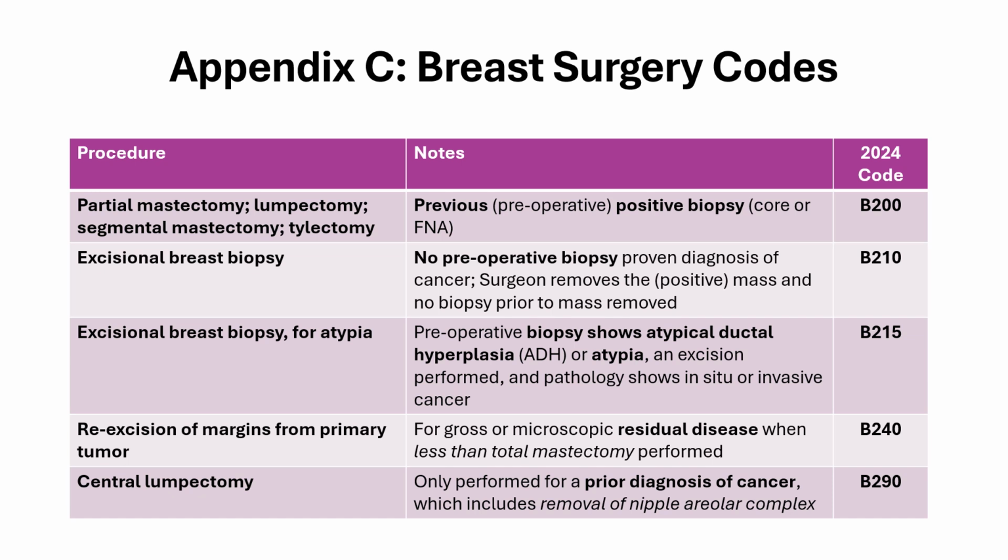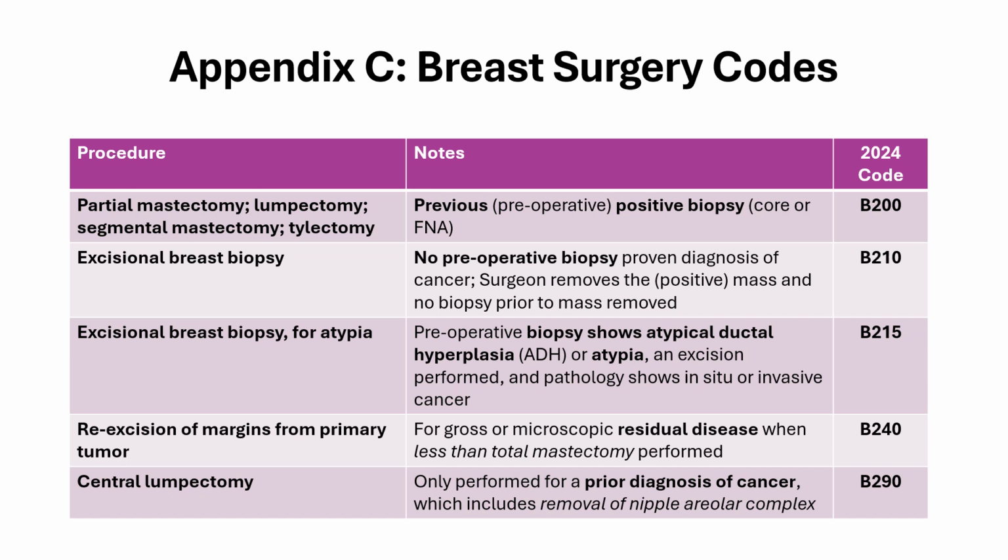For B200, note that this is partial mastectomy, lumpectomy, segmental mastectomy, or tylectomy. Any of those occurred, and we have a previous or a preoperative positive biopsy. This means this patient we know has breast cancer before we perform this surgery.